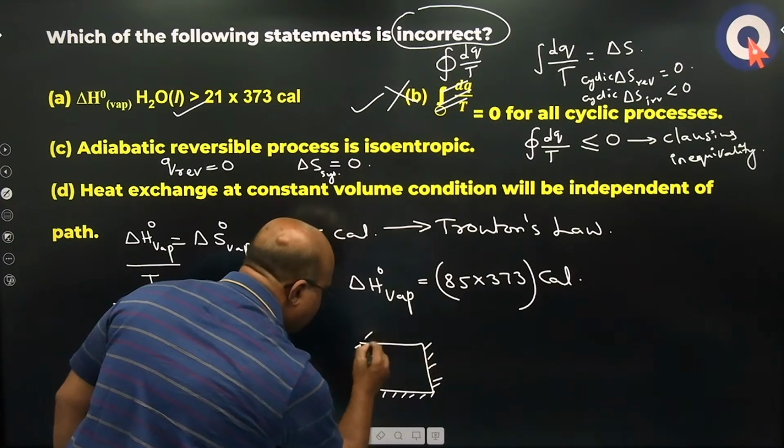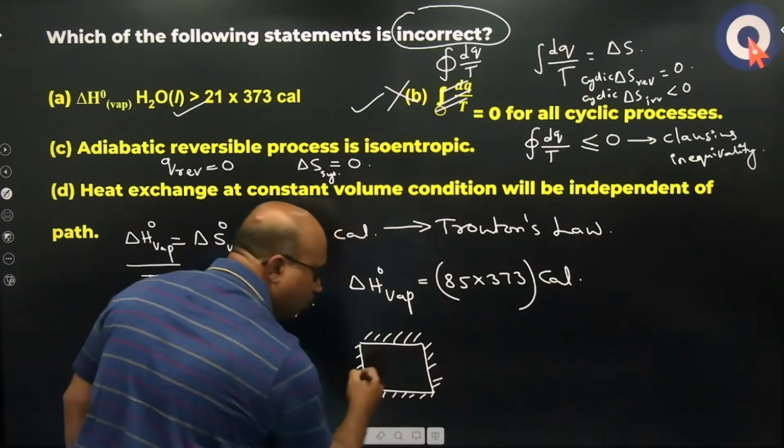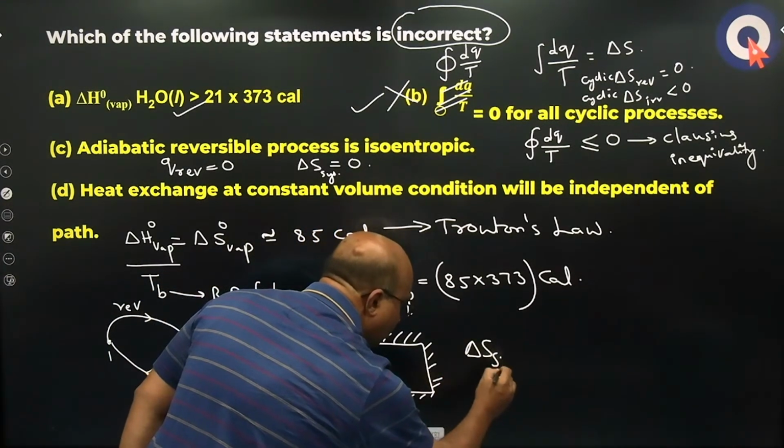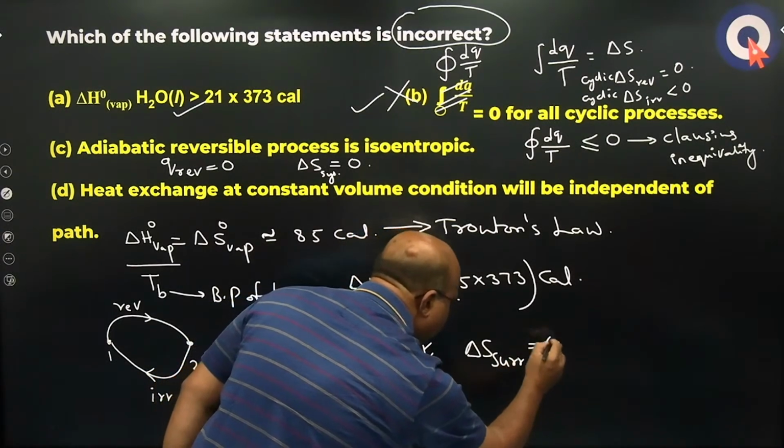Since the system is adiabatic, no heat is entering the system, so delta S of the surroundings will be 0.